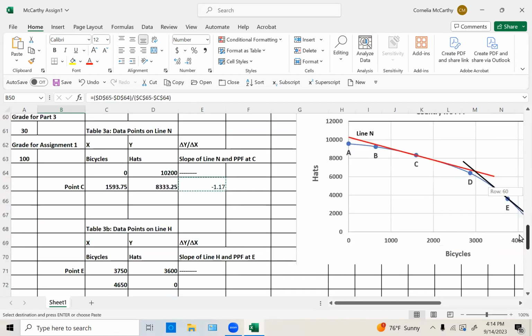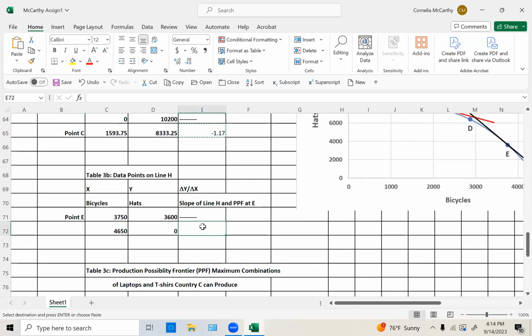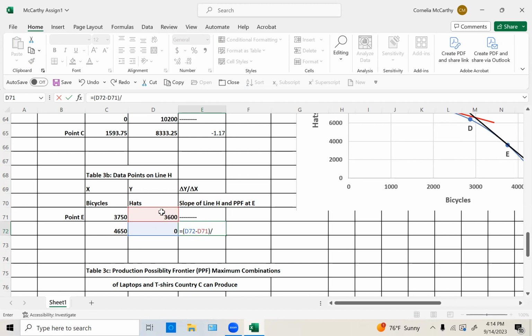If I do the same process here, I can do equals parentheses Y minus Y close parentheses slash open parentheses X minus X, and just make sure that they're in the same order, 72 minus 71, 72 minus 71.